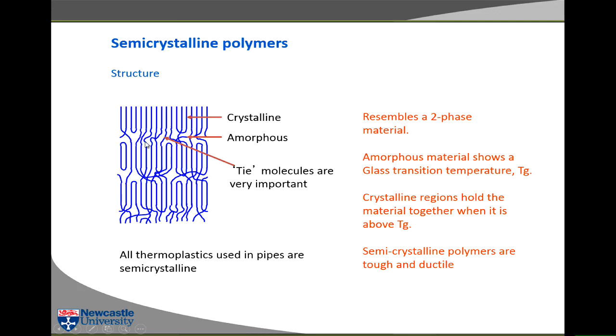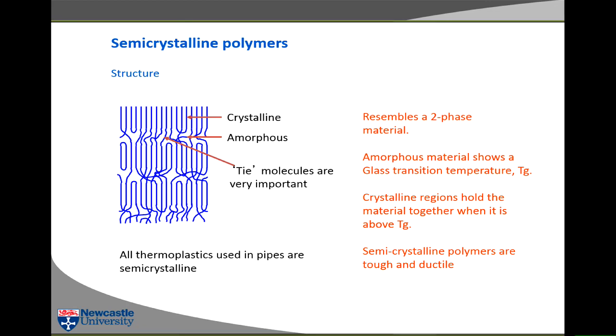Right. All of the polymers that we deal with, all of the thermoplastics that we deal with, are what we call semi-crystalline. That is, they consist of long chains. Here are your long chains. But these chains can line up next to each other and crystallize, just the same as any other solid can crystallize.